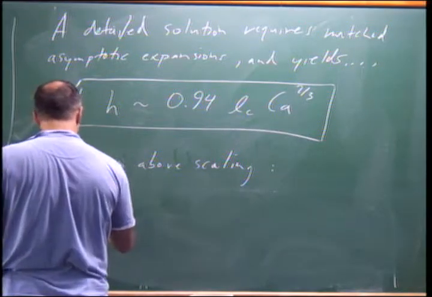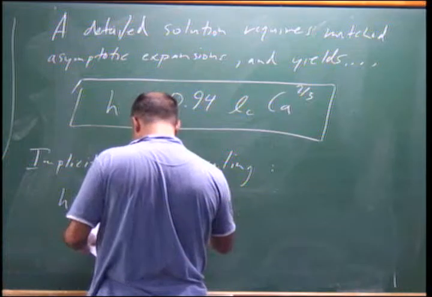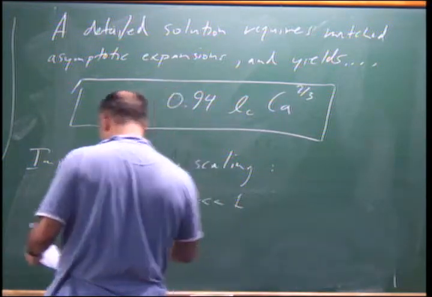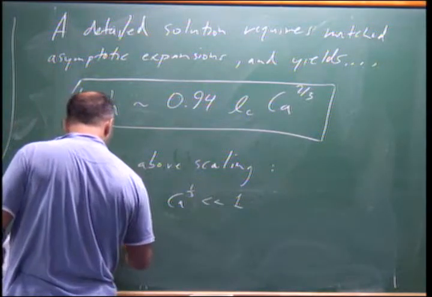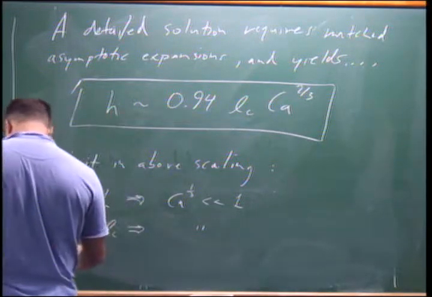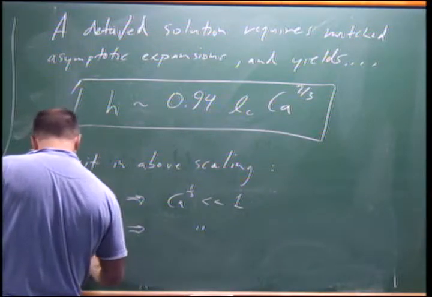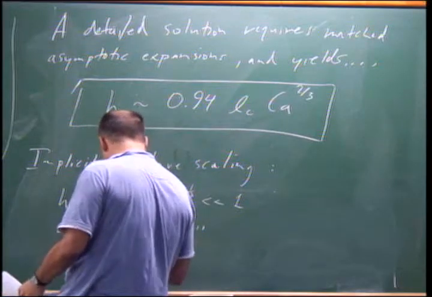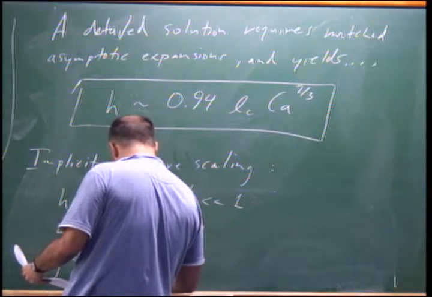So we've assumed that H is much less than L, which is an indication that the capillary number to the 1/2 has to be less than 1. We've assumed that L is much less than L_C, which is also satisfied there, and we've assumed that rho g, the characteristic gravitational pressure, is less than the characteristic gradient in curvature pressure.